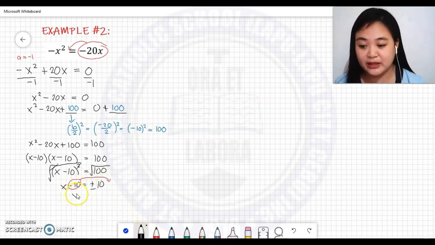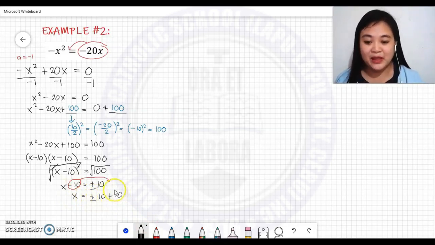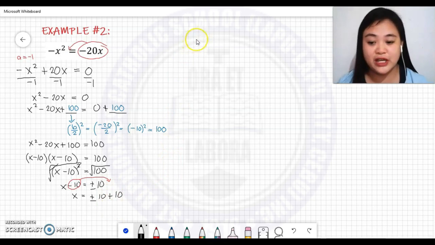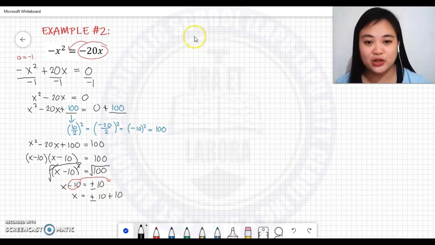So it will become x equals positive 10 plus or minus... x equals 10 plus 10 and x equals negative 10 plus 10. We're going to solve the two scenarios.